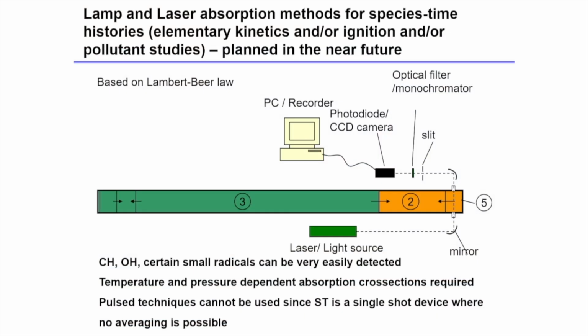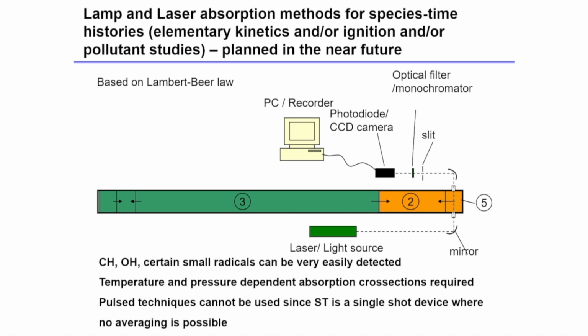We can use other optical techniques. So we can have a laser light source here. When we have windows here, we can measure, for example, absorption based on Lambert-Beer law.